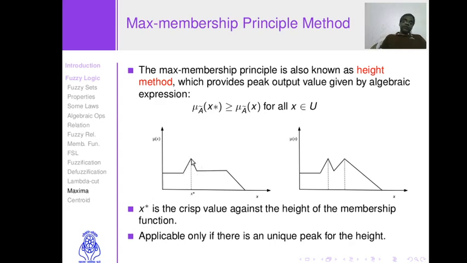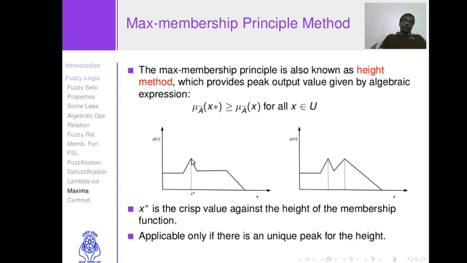then what we do is simply find out the peak of the membership function. As in this case, this is the peak or height of the membership function. That is, if a fuzzy set is given, then you find that element which is having the highest membership degree. So in this figure, this point is representing the highest degree of membership.